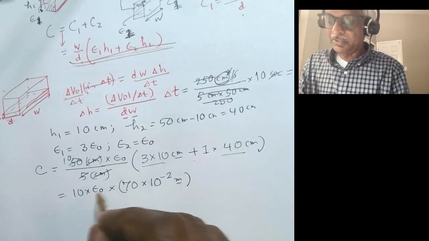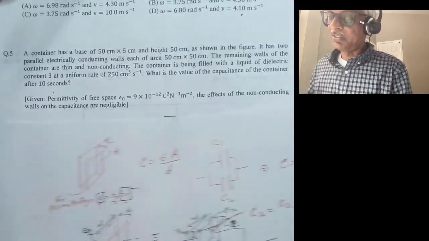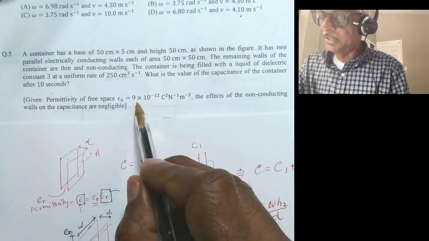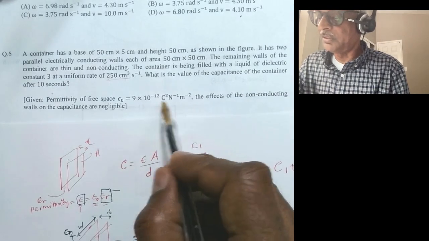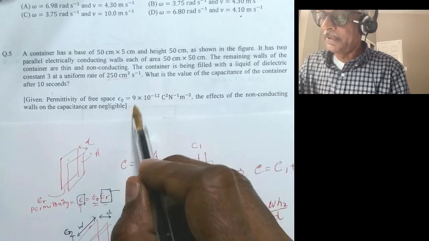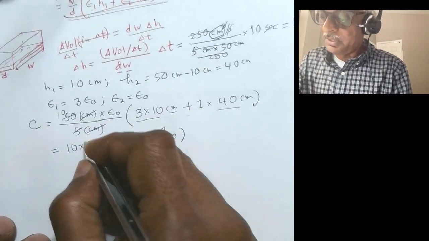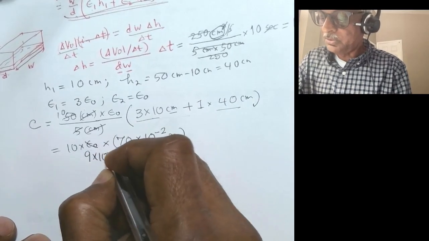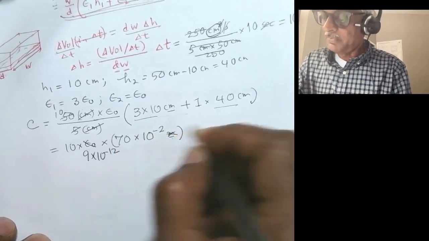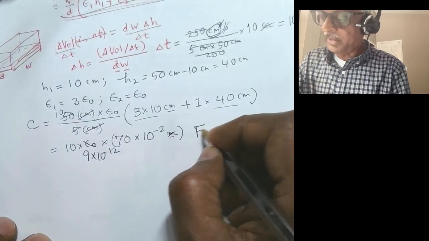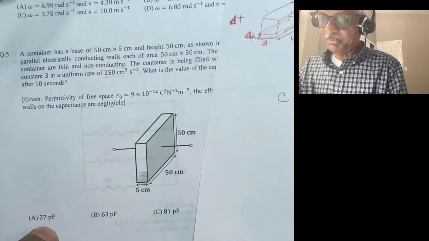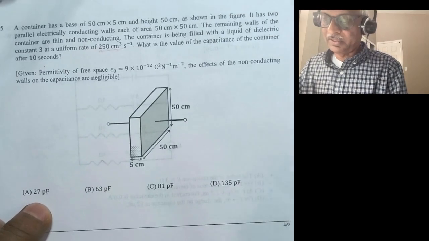Now epsilon naught is also given, although a lot of people should memorize what epsilon naught is. It's given as 9 times 10 to the minus 12, all in SI units, so the answer will be in farad, and all of these are picofarad.